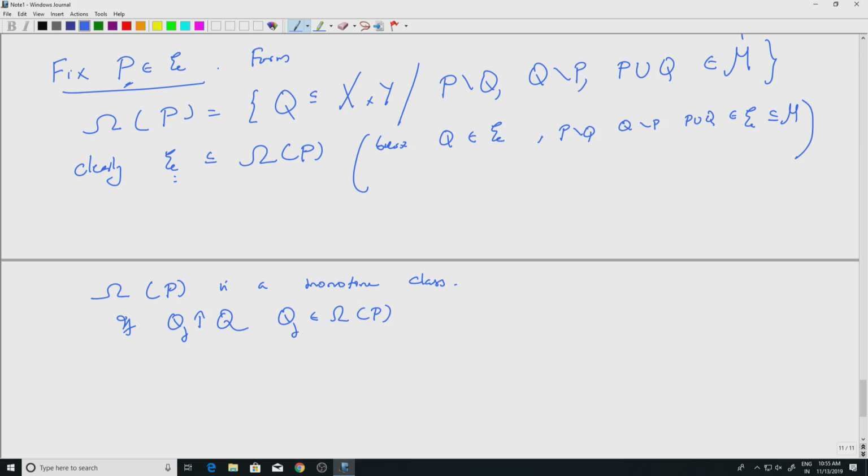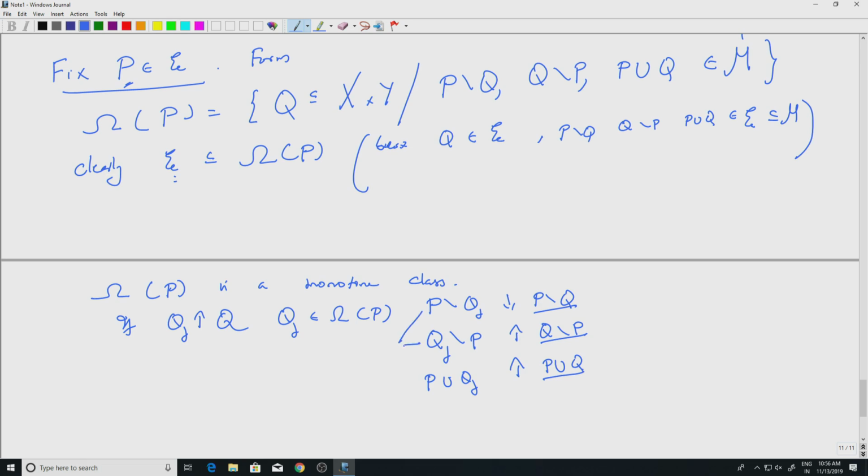Well, if Qj increase to Q, what will happen to P minus Qj? Well, they will decrease to P minus Q, and Qj minus P will increase to Q minus P, and P union Qj increases to P union Q. So all the P minus Q, Q minus P, P union Q, they are all increasing or decreasing limits of sets in omega p.